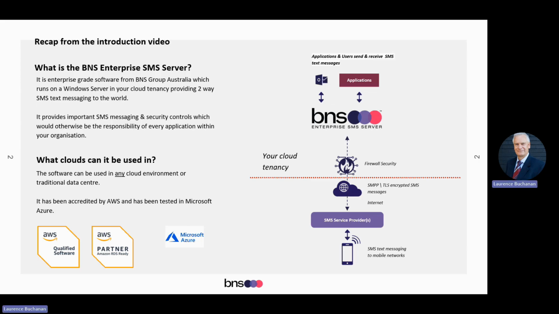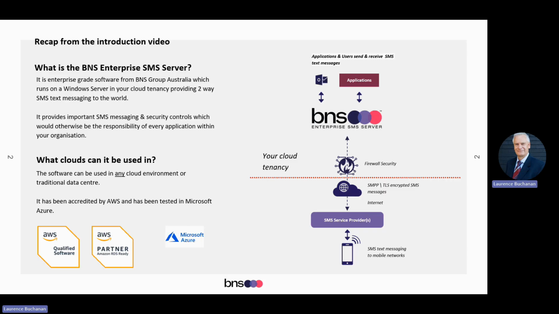SMS aggregators, as they're known, like Message Media, Cinch, have an obligation under the Telecommunications Act to protect the minimal data that you're sending to the mobile network. And in this design, it's just the number, the destination, plus the message itself.